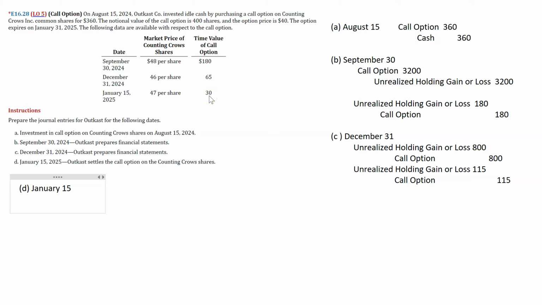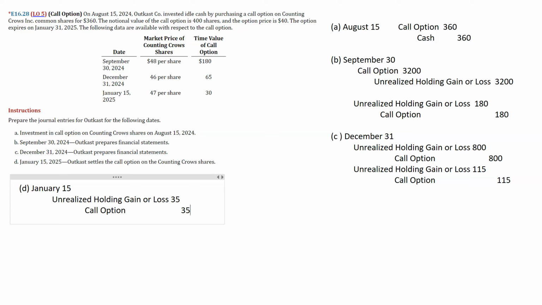We use the same account, unrealized holding gain or loss. Showing it on the debit side means it's a loss, so we will debit 35, and then we will credit call option 35.